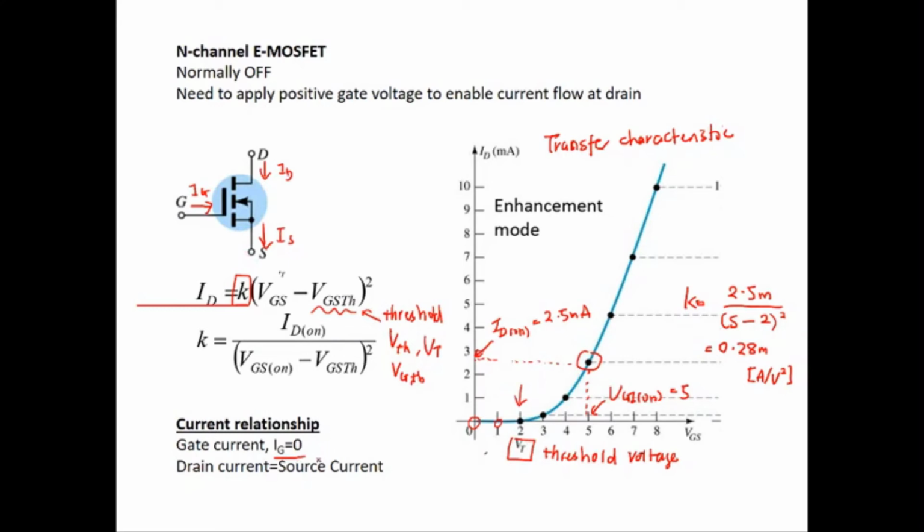So that's why the IG is always equal to 0. So when IG is always equal to 0, by KCL, ID will equal IS. Drain current will equal source current. For this current symbol, usually we use the term ID, or sometimes the term IDS. So any symbol is okay.